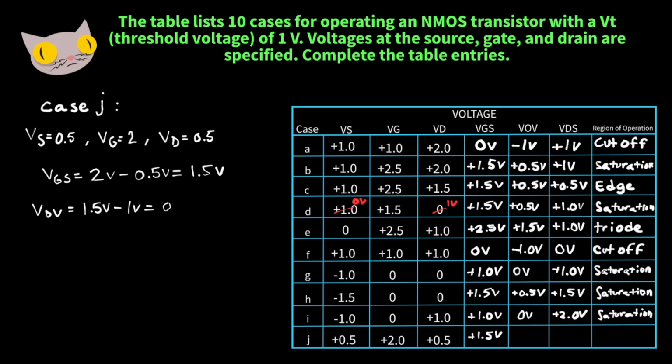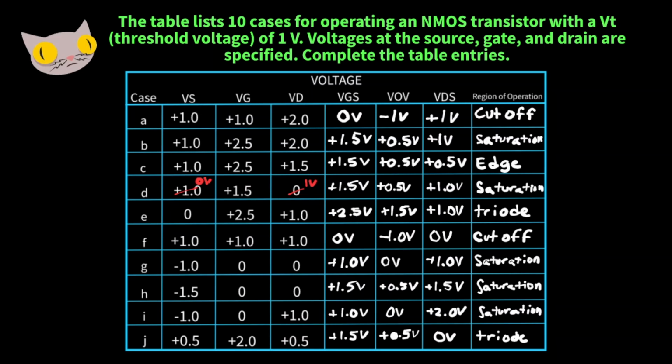That's going to leave us with 0.5 volts. And our drain to source voltage, VD minus VS, 0.5 volts minus 0.5 volts, that's going to give us 0 volts. Now our VDS, drain to source voltage, is less than our overdrive voltage, which is going to leave us in the triode region.